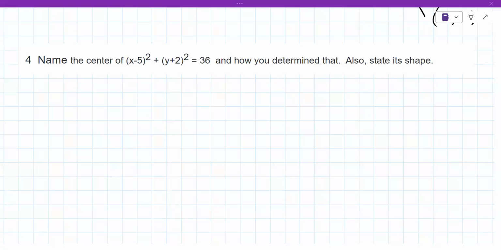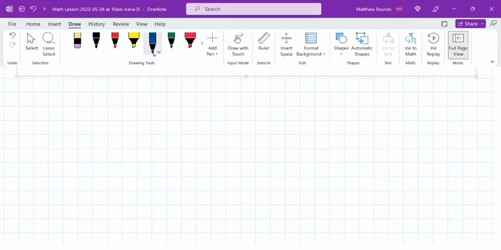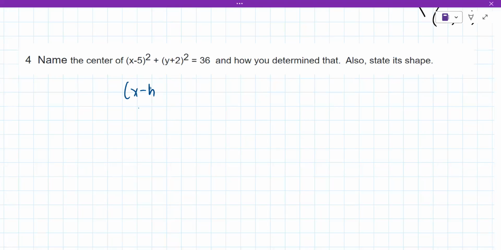It's again a circle. This one is definitely a circle. Okay. So one way you can say how you determine that is that you graphed it, but more importantly is that it has this form for a circle: x minus h squared plus y minus k squared equals r squared. Okay, now the center of the circle is h comma k.